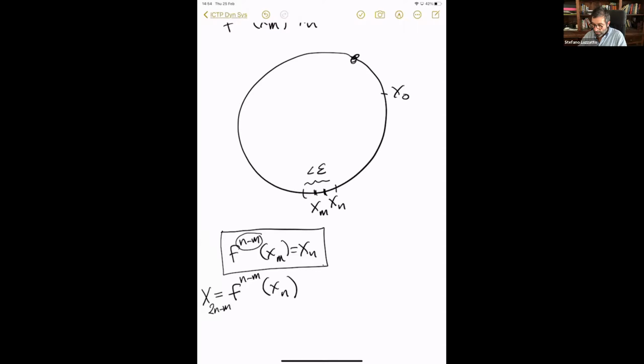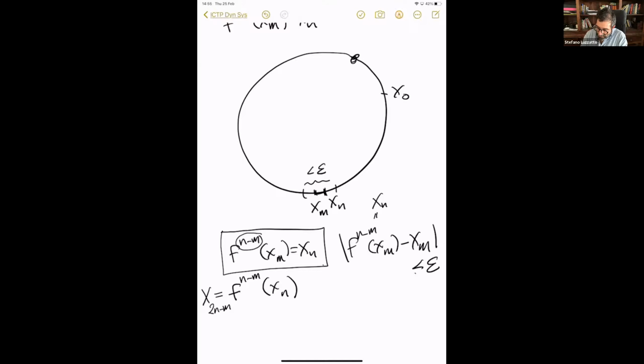Almost. You come back here within epsilon. So f n minus m of xm minus xm is less than epsilon, because this is equal to xn.